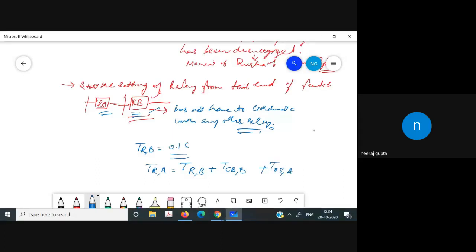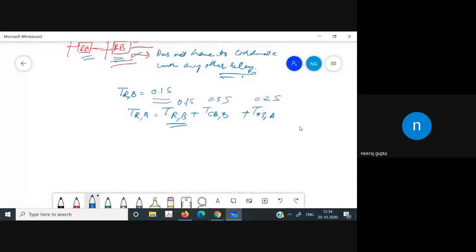So let us suppose that T RB is 0.1 second that we have here written. Then let us suppose that the circuit breaker time is 0.5 second, and the overshoot time is 0.2 second. So the total time setting of relay A to operate is equal to the sum of these, so it is 0.8 second.